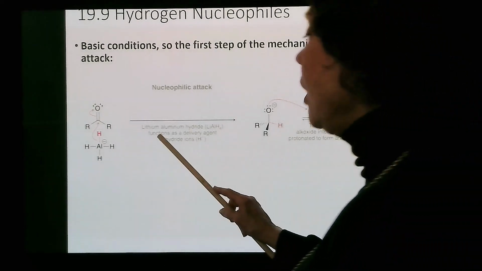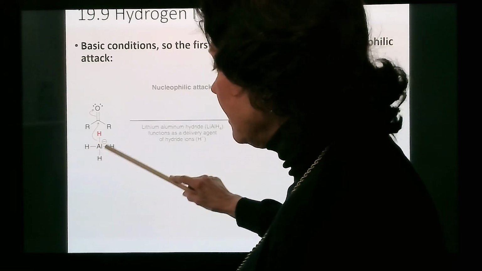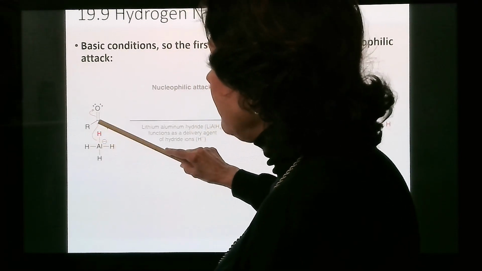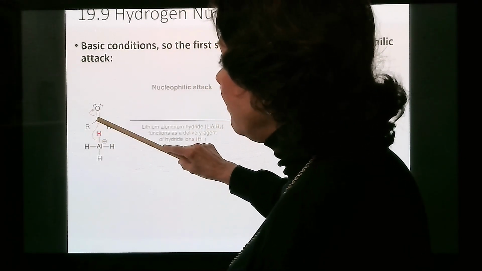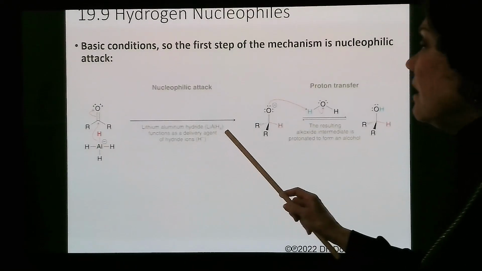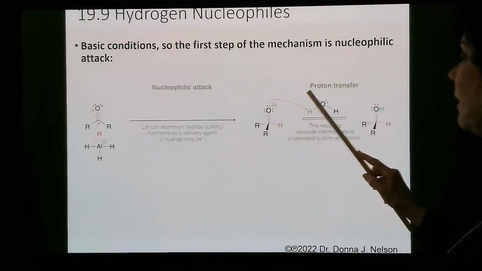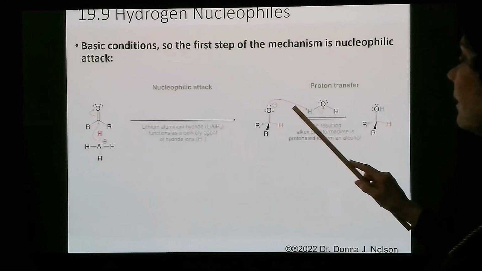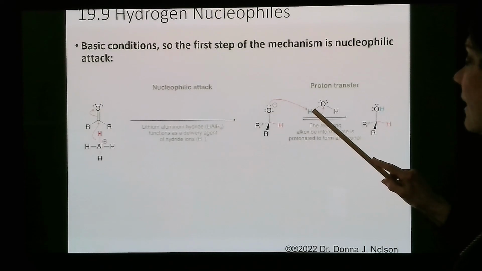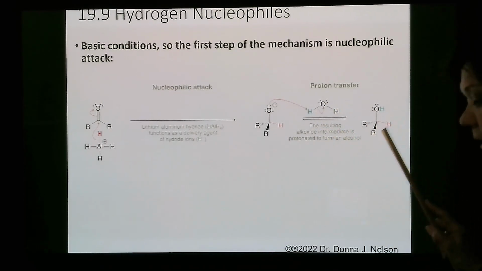And so here, this shows the mechanism. Lithium aluminum hydride, here is the aluminum hydride. You can simply think of this as H- doing an attack at the carbonyl carbon. And then once the oxide is formed, that can be neutralized, and the pair of electrons on oxygen will attack a proton of water, and the alcohol product is formed.